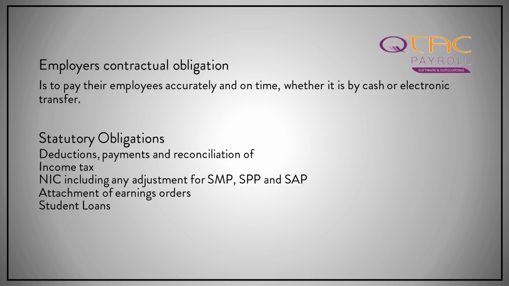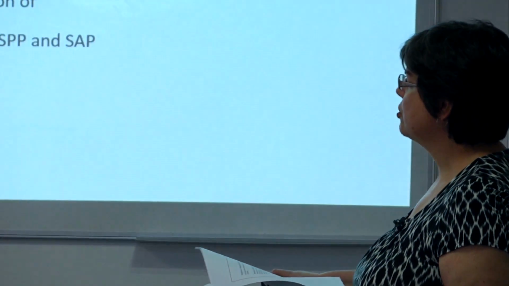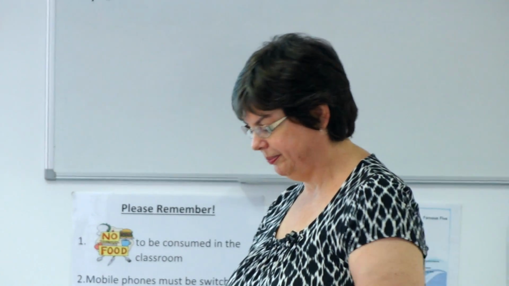The statutory obligations, the deduction, pay elements and reconciliation of income tax, NIC, including any adjustments from SMP, SPP and SAP, which we'll be covering later, the attachment of earnings order and student loans. All these pay elements here, the employer is responsible for paying over to the relevant bodies.